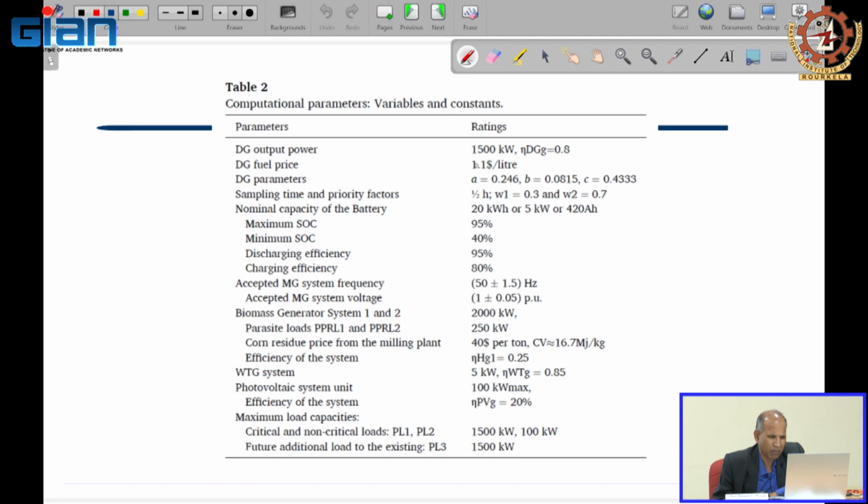Then talking about the batteries, battery capacity 20 kilowatt hour or 5 kilowatt for 20 ampere hours.